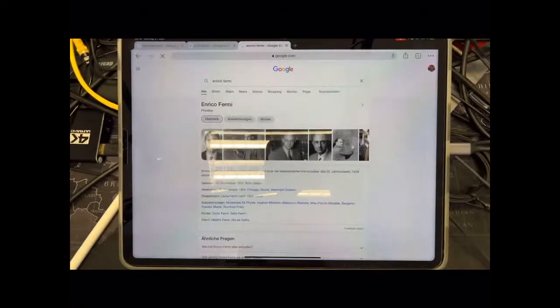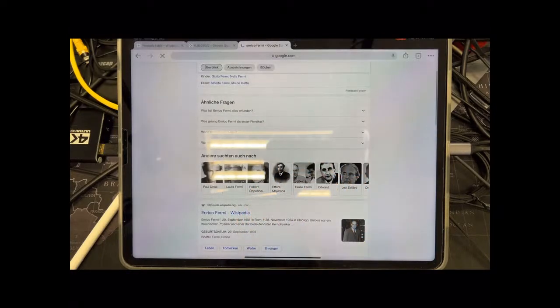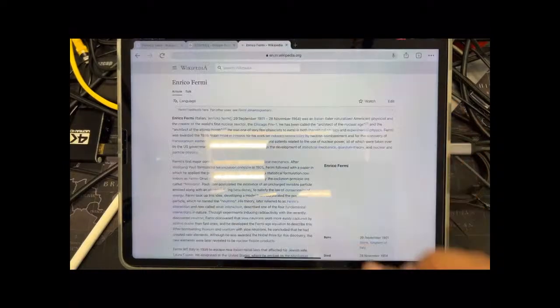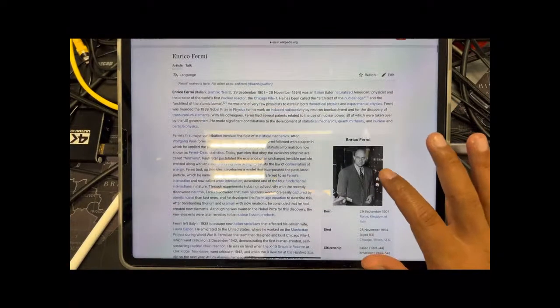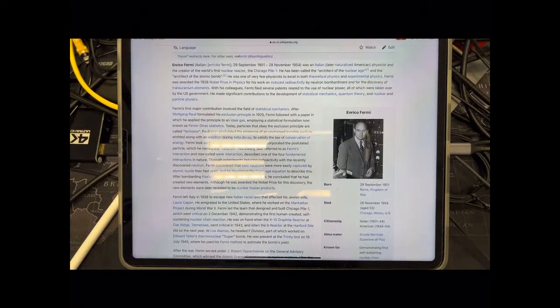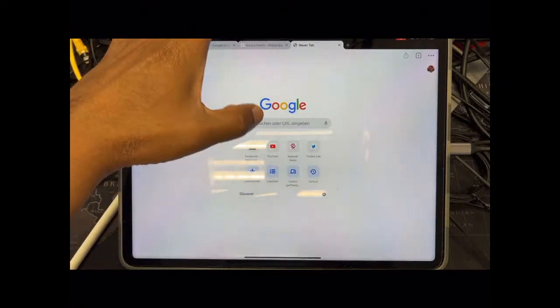He lived in Italy and made many contributions in quantum physics. Another person is Bose.